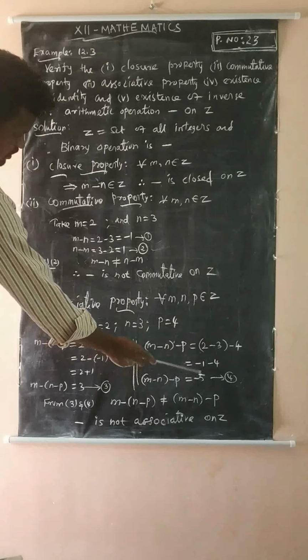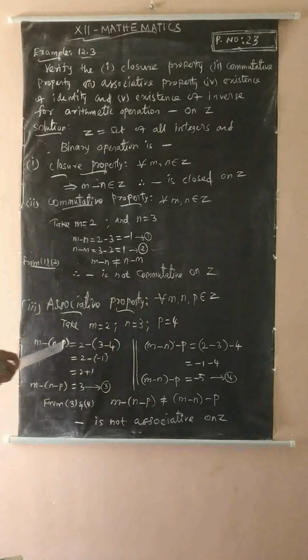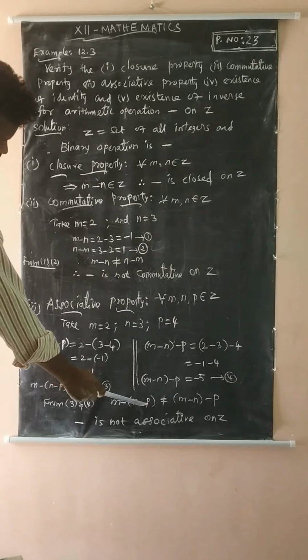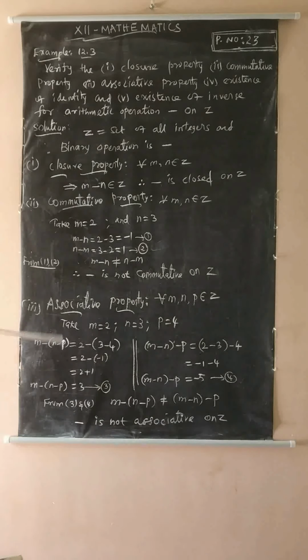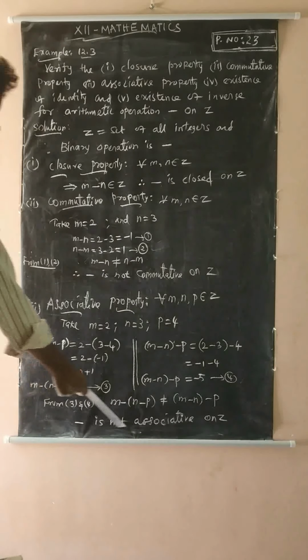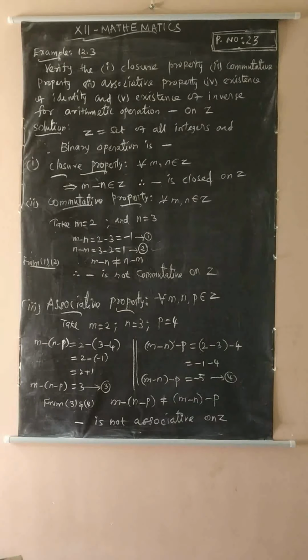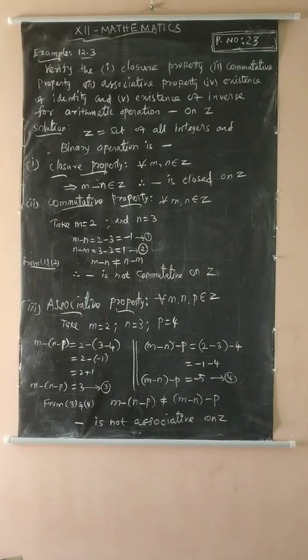So right side part is minus 5, left side part is 3. So those are equal. Sorry, those are not equal. So from 3 and 4, m minus of n minus p is not equal to m minus n of minus p. So these two parts are not equal. So therefore subtraction is not associative on Z.